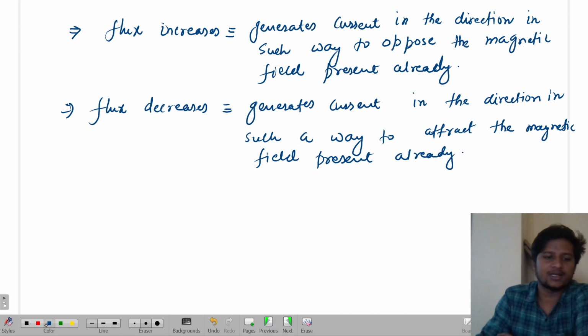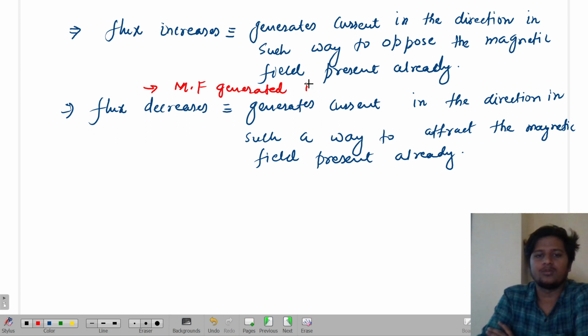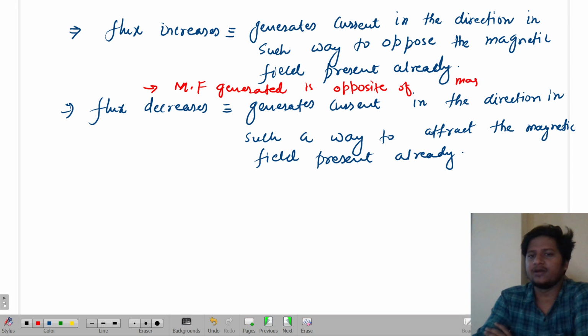So in this you can write like: magnetic field generated is opposite of magnetic field present.